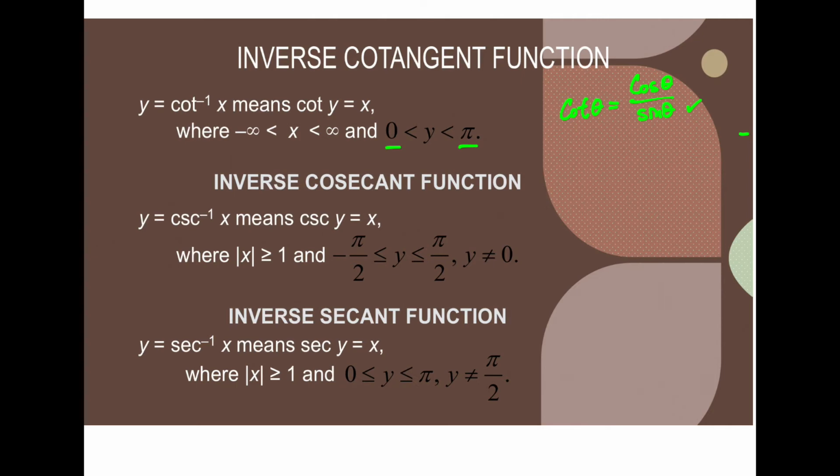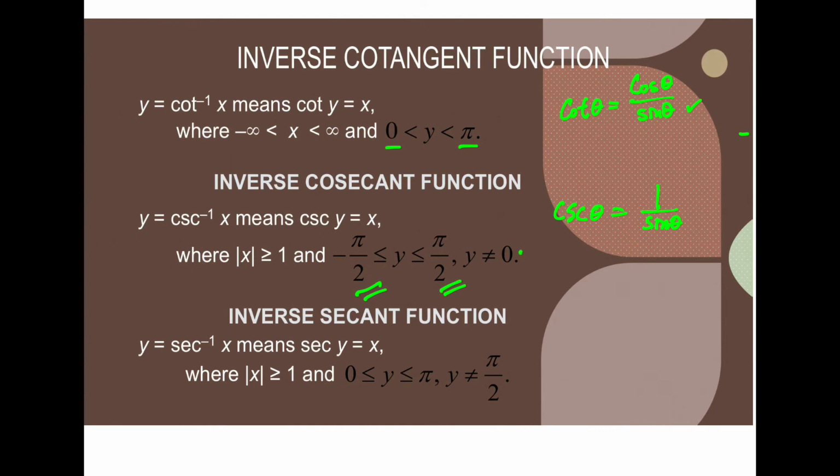Remember that cosecant actually goes with sine. The cosecant of an angle is equal to 1 over the sine of an angle. And so its restrictions are the same as sine's restrictions. Sine's restrictions go from negative pi over 2 to pi over 2.